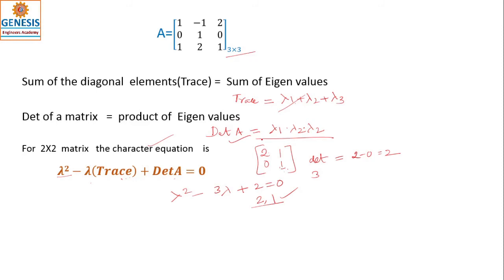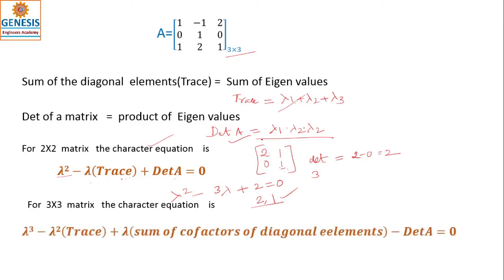If it is a 3 by 3 matrix, generally we have a cubic equation: lambda cube, because it is 3 by 3, minus lambda square into trace, plus lambda into the sum of the cofactors of the diagonal elements.